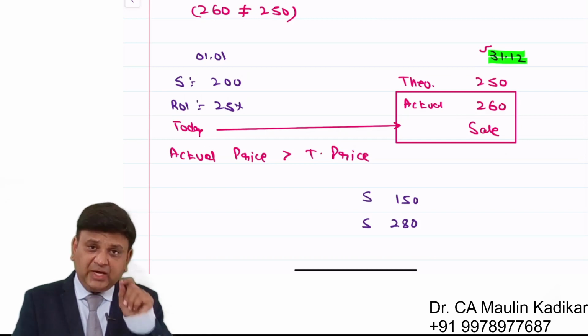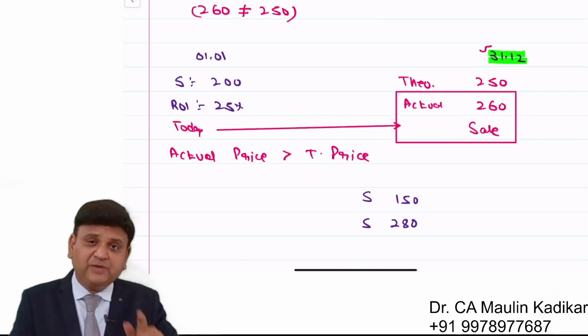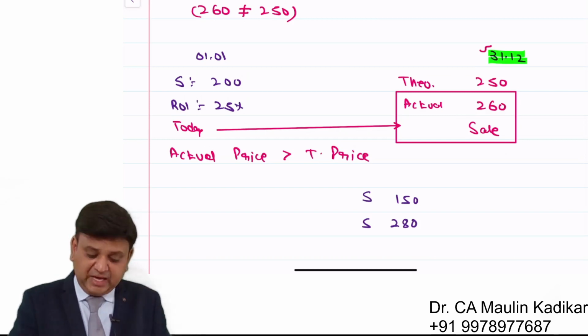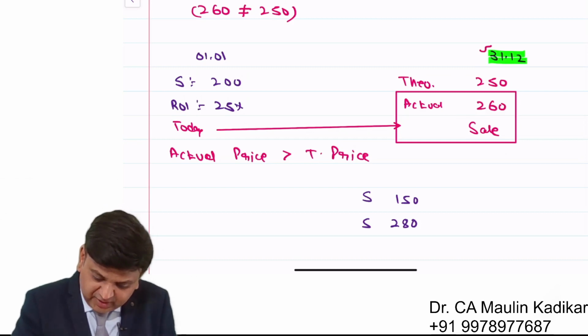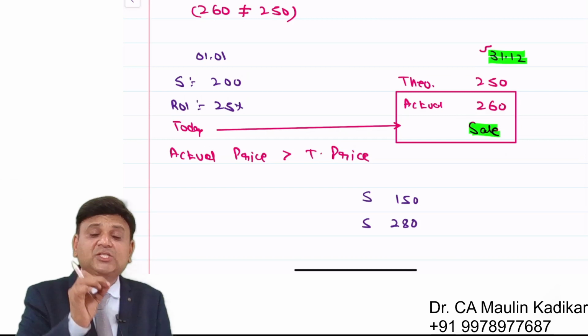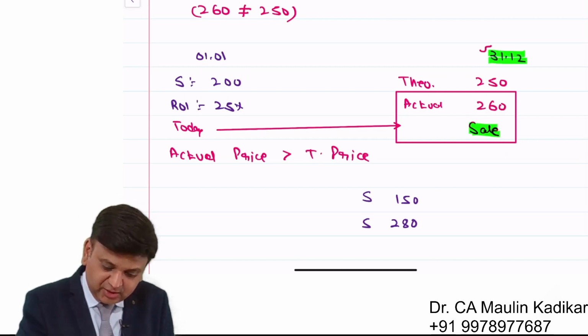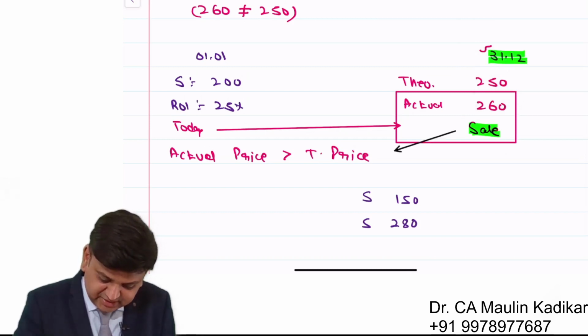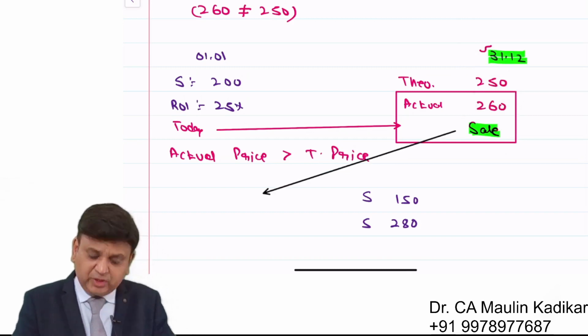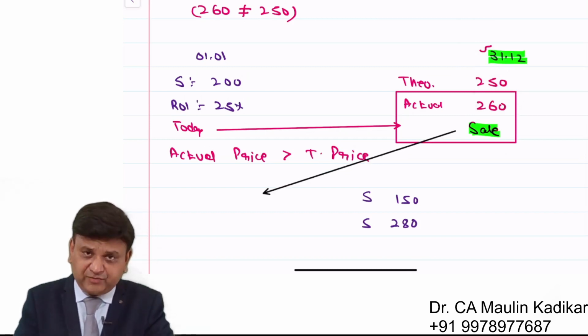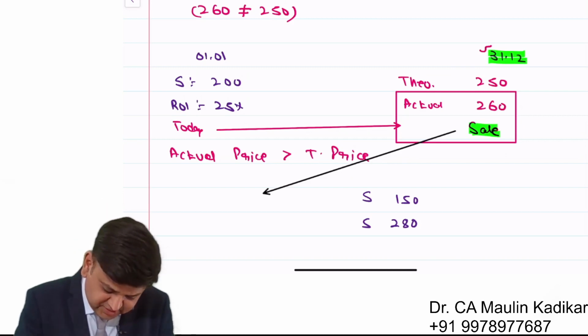Hence, we have to enter into opposite of that transaction today. At the end of the year, we have understood that we should sell security because the security is overpriced. So today you are required to enter into its opposite transaction. Since you are going to sell security at the end of the year, today you will buy security.